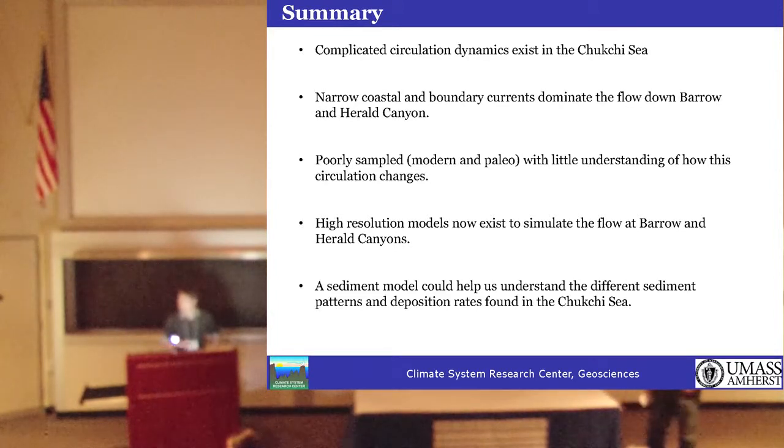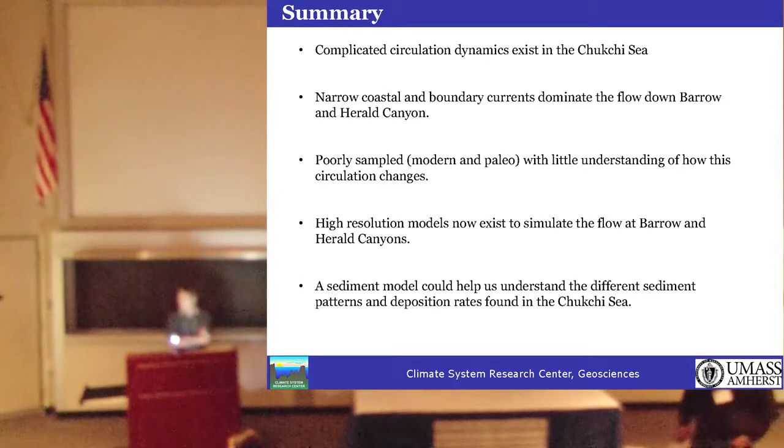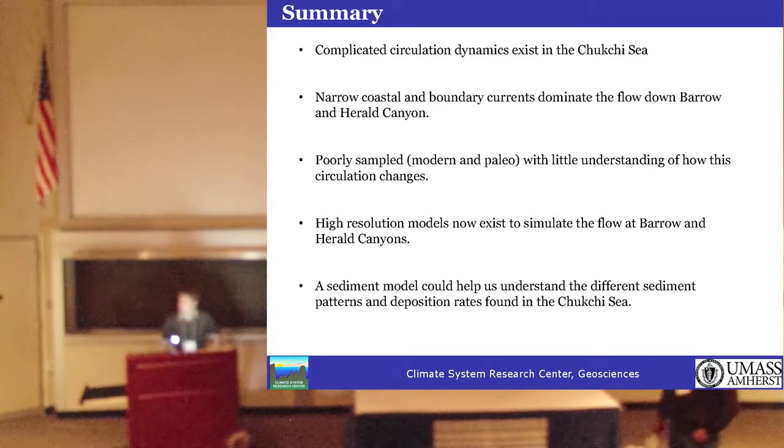As far as I understand, in modern conditions, the waters that go down the troughs, down these canyons, do not penetrate deeper than the halocline, right? So normally they go down to the bottom of the halocline. Do you see a possibility for these waters to go further down into deeper waters under some circumstances?